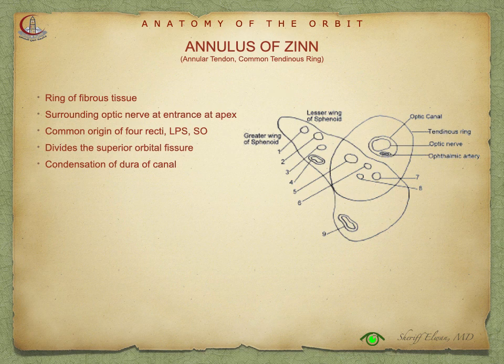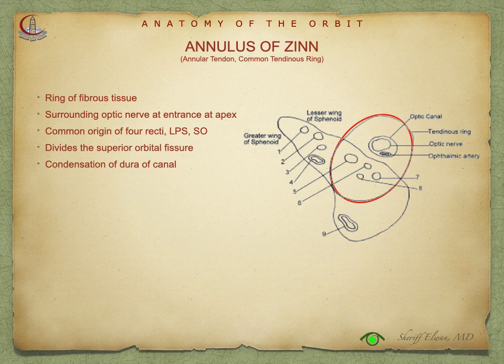The annulus of Zinn, also called the annular tendon or the common tendinous ring, is a ring of fibrous tissue surrounding the optic nerve at its entrance at the apex of the orbit. It gives common origin for all the recti muscles, the levator palpebrae superioris, as well as the superior oblique muscle.